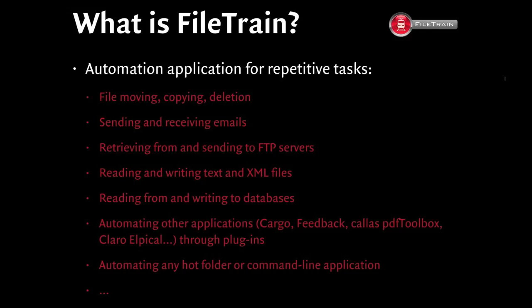So it's a wide range of tasks that can be accomplished, and typically FileTrain is used so that things that otherwise would have to be done in a manual way can now be done in a fully automated way. And that saves time, but more importantly, it also standardizes the tasks that are being done, and it saves on errors that people make while doing those things manually. If you automate, then obviously they are always done in exactly the same way.